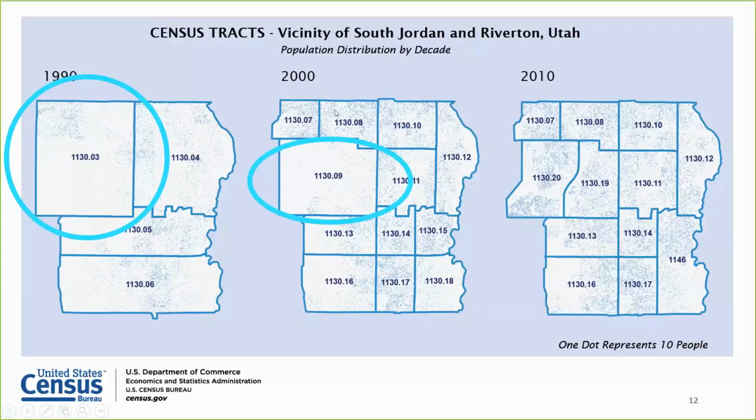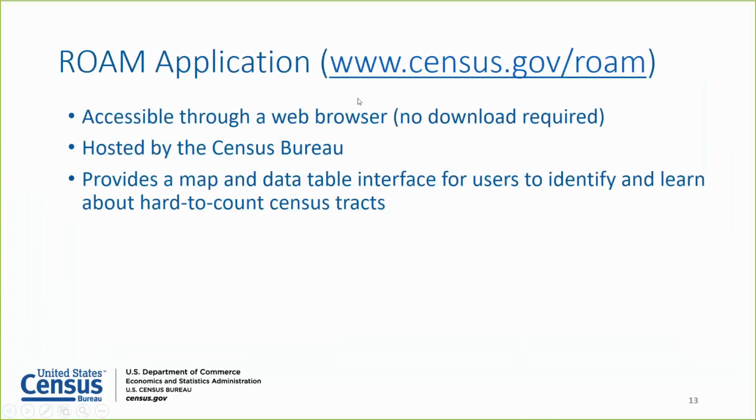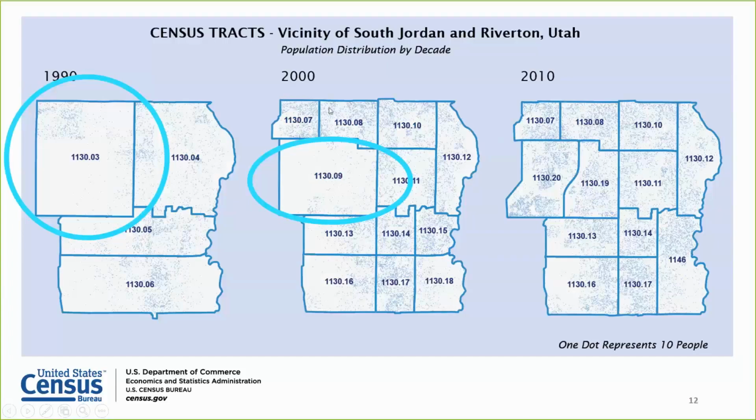The northern part of the census tract was split into 2 census tracts, the smaller one, and the southern part was split into a separate one. You'll see that there are more dots within the northern part, and that's why that was split into 2 pieces, and this larger census tract with a more sparse population was not further subdivided.